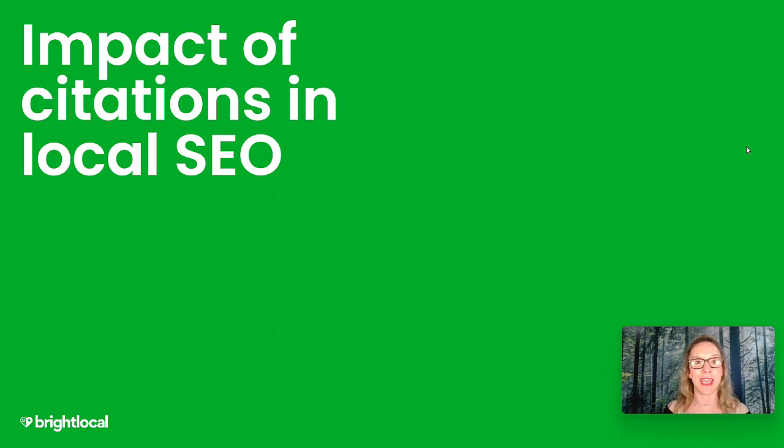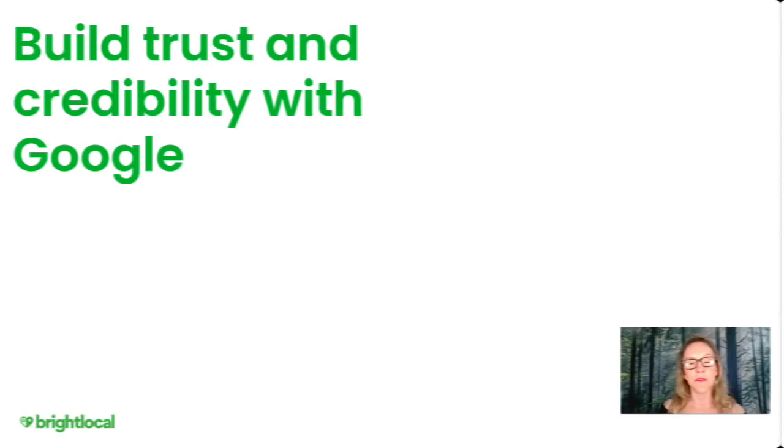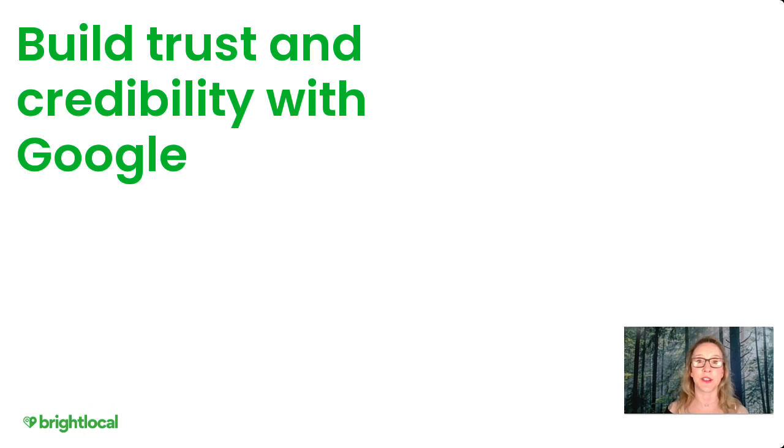Now that we've covered the difference between links and citations, which is what we are going to look at in depth today, let's have a look at the impact of citations in local SEO so that we can really solidify the understanding of why these are still so important to have as part of your local SEO strategy for your business. Firstly, they build trust and credibility with Google. Now, there are various directories out there. We know that Google has the monopoly. It is the place that the majority of people will search.